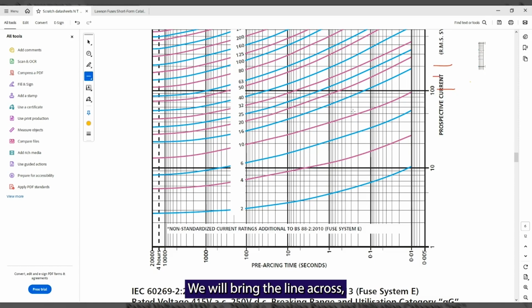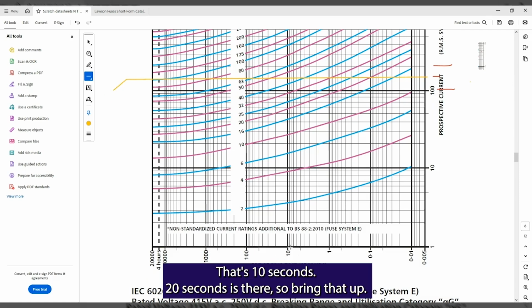We'll bring the line across. And then we'll move up from 20 seconds, that's 10 seconds, 20 seconds is there. We'll bring that up.